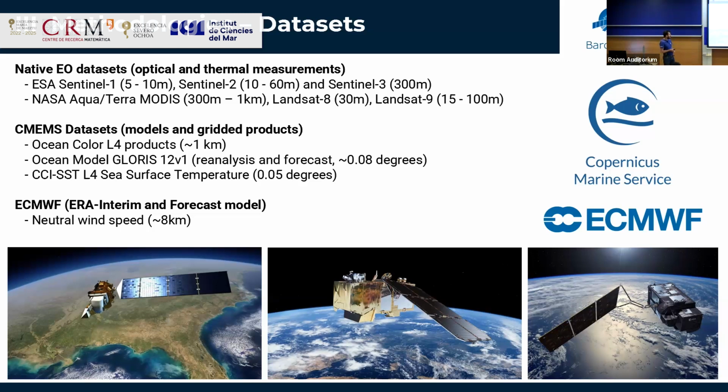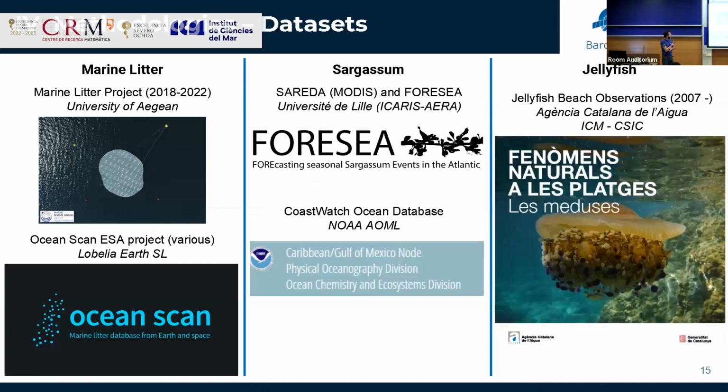One of the parameters that Eugenia has been presenting is wind speed from ICM-CRM. And for the different problems, we also get access to some observational data directly. For the marine litter topic, we are cooperating with a university in the Aegean Sea in Greece, which is helping to deploy artificial targets to calibrate models by known ground truth with real satellite observations.